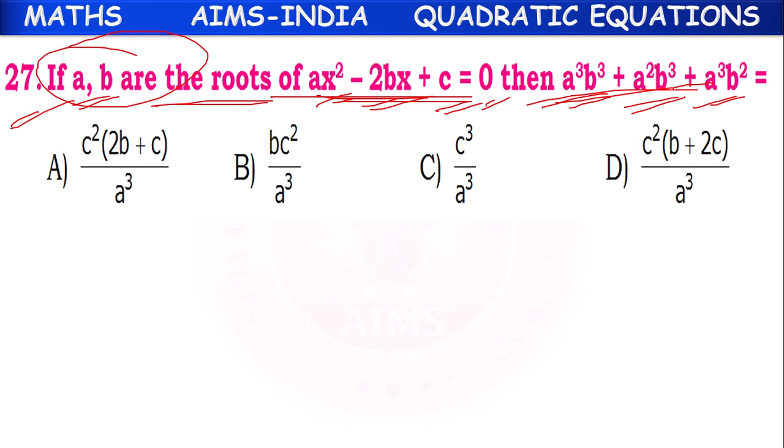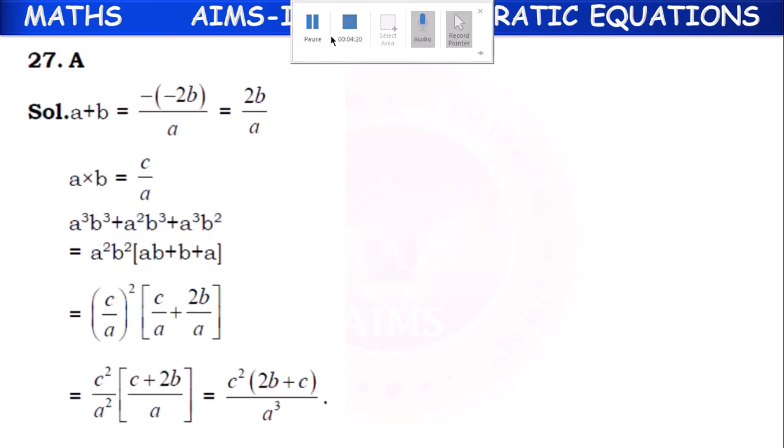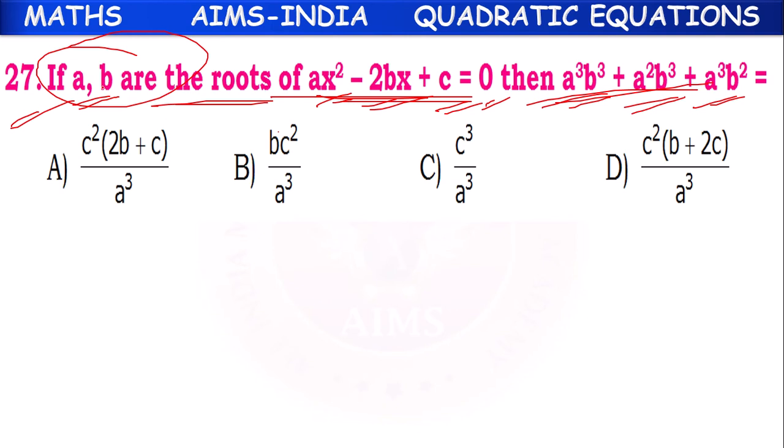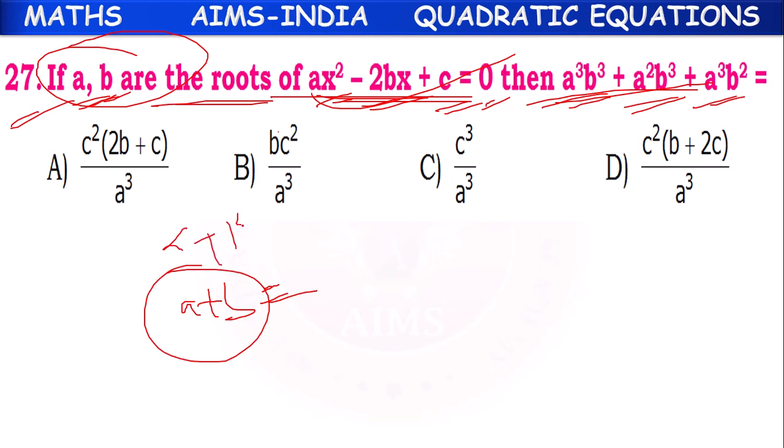So a cube b cube plus a square b cube plus a cube b square. Because a, b are the roots of this equation, a plus b is the sum of roots, let's take them as alpha plus beta. Sum of roots equal to formula minus b by a, means minus coefficient of x, minus of minus 2b, by coefficient of x square, a.